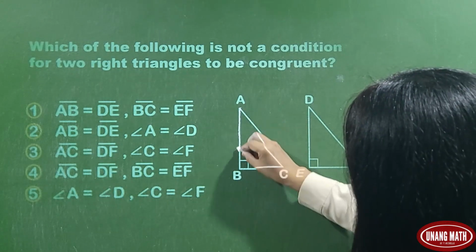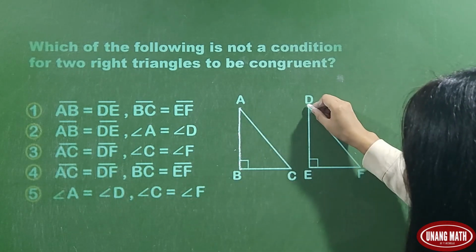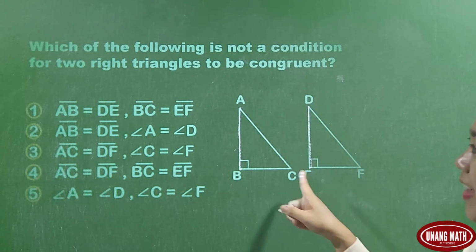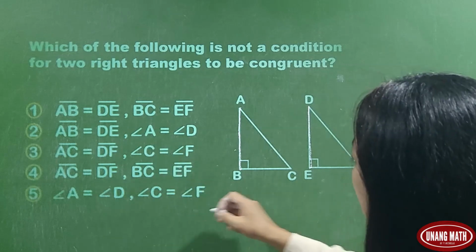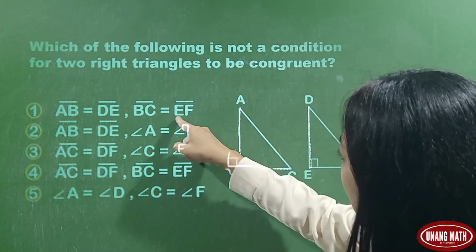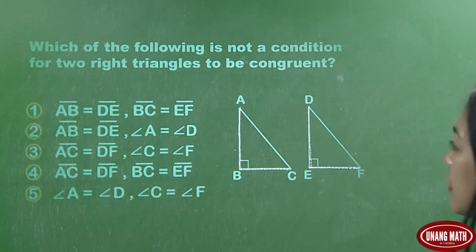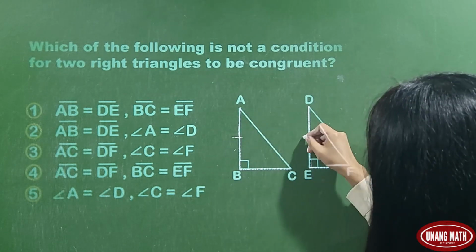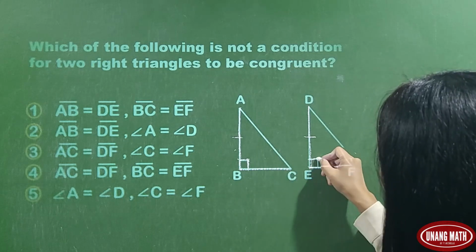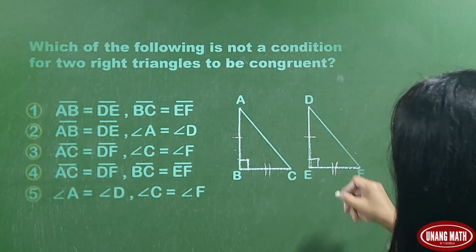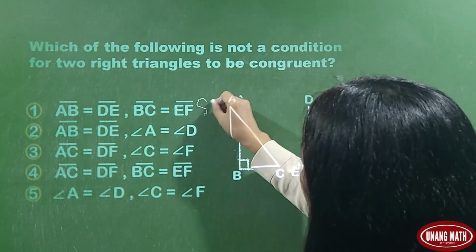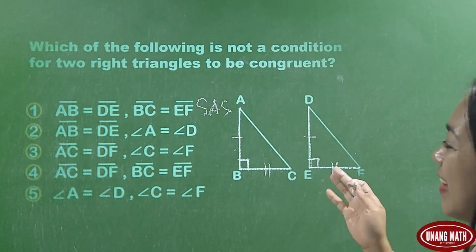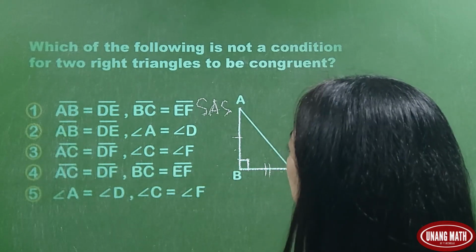So this side is equal to this side. And then segment BC, or this side, is equal to segment EF. This is side, angle, and side. So SAS congruence.